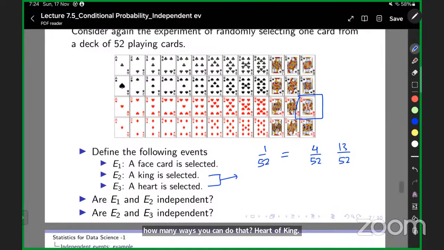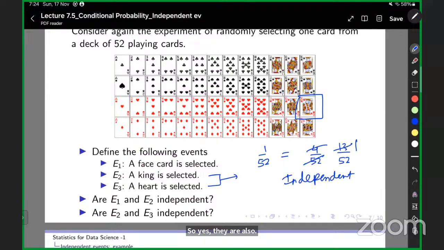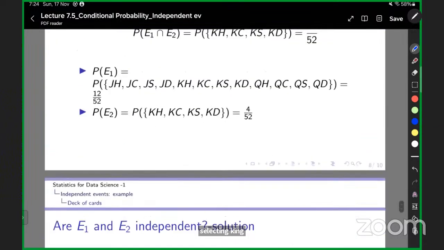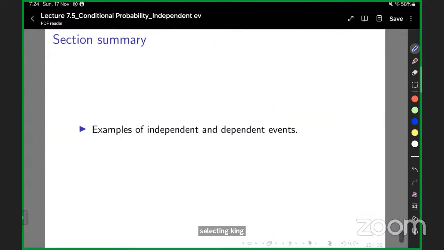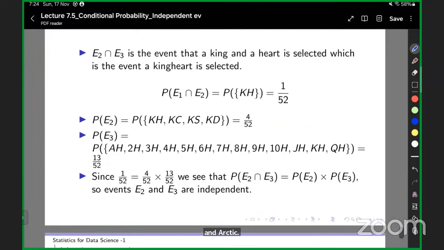So if you do this, you know that 13 into 4 is actually 52. So yes, they are also independent. Selecting king and heart, you can see they are independent.